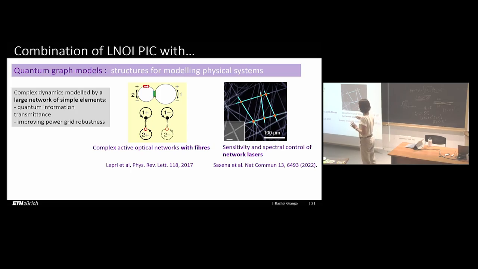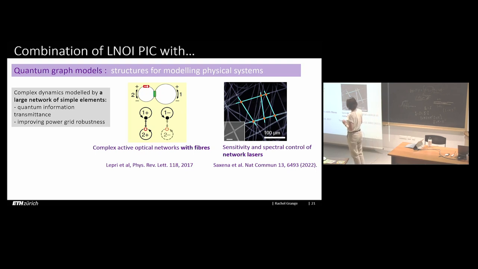Here you have an example of a quantum graph that has been done with fibers that are made out of some dyes, so that you can have lasing of these network lasers. They can be used for quantum information, and for improving power grid robustness. Here we're just talking about optical applications though.